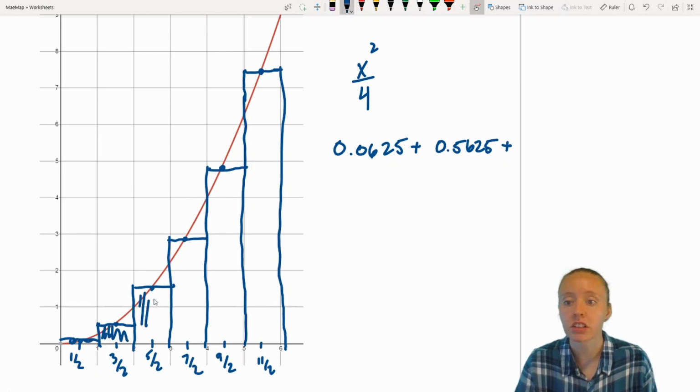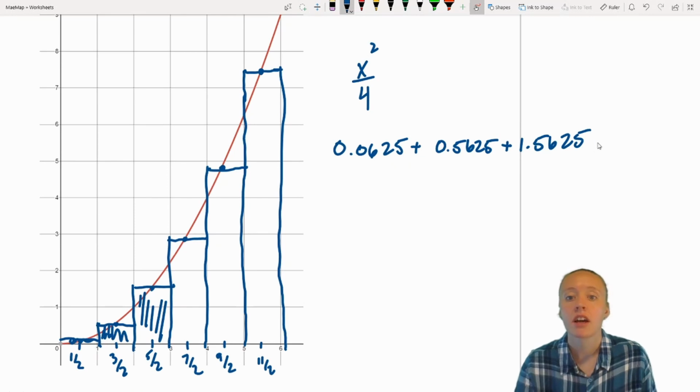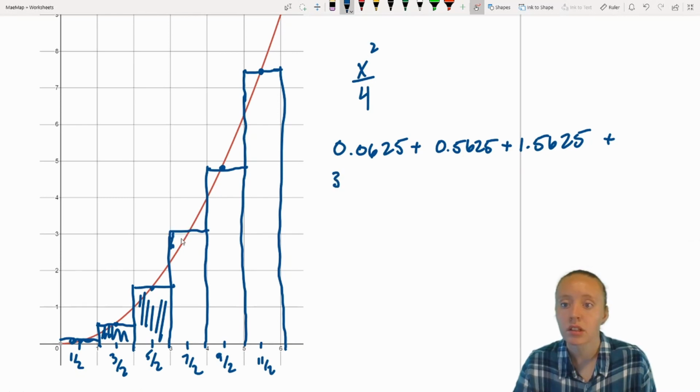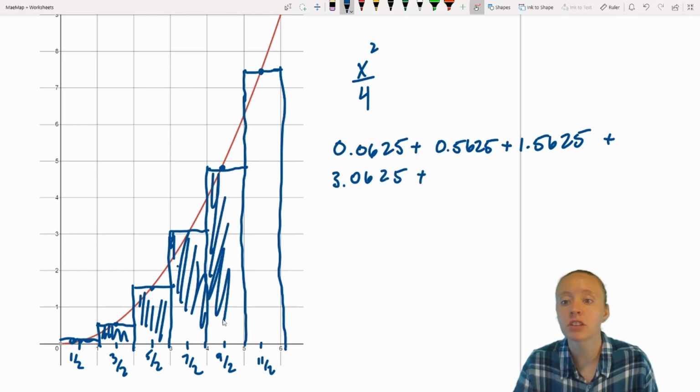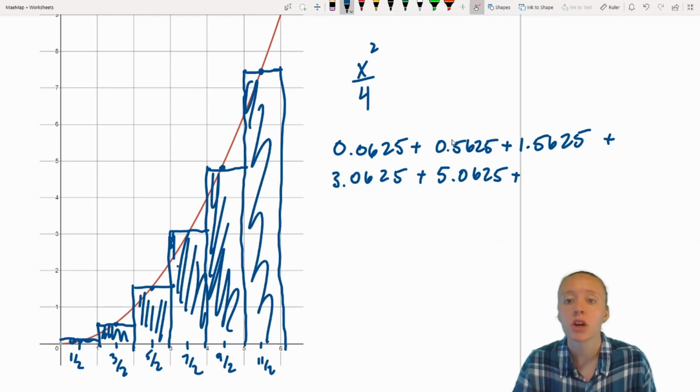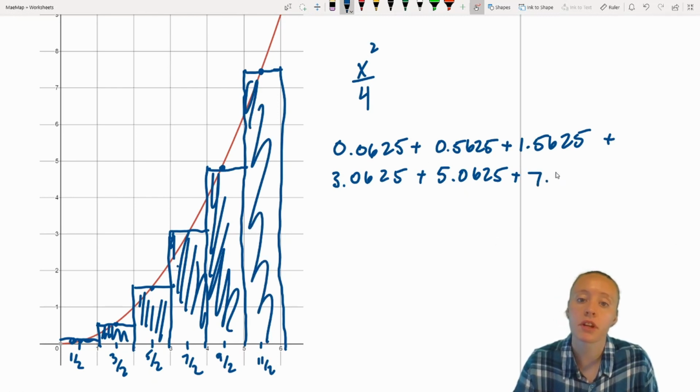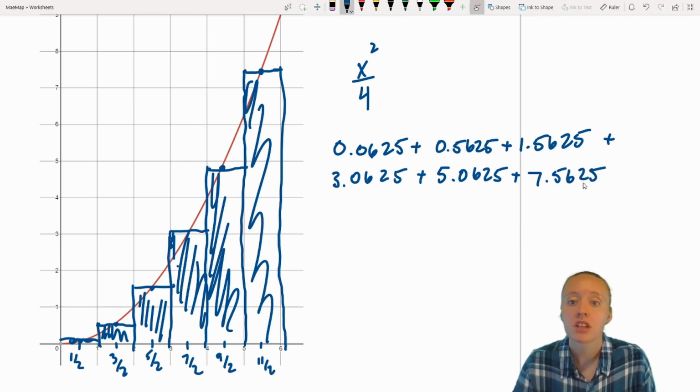Now my third rectangle, an x value at 5/2, when I plug that into my function, I'm going to get 1.5625, and then I'm going to add that to my next rectangle, which has an area of 3.0625, and then I add that to my next rectangle, which has an area of 5.0625, and then that gets added to my next rectangle, which has an area of 7.5625.